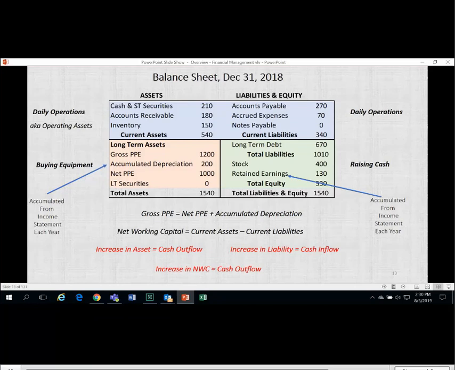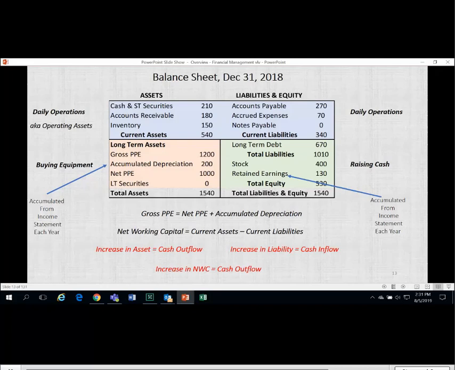If we accumulate all the depreciation year by year, we get accumulated depreciation, and we end up with net PPE. So for instance, let's suppose we bought this machine 2 years ago for $1,200. First thing we do is put the $1,200 on the balance sheet. And here we are 2 years later, and that gross PPE is still $1,200. It stays at its historical cost.